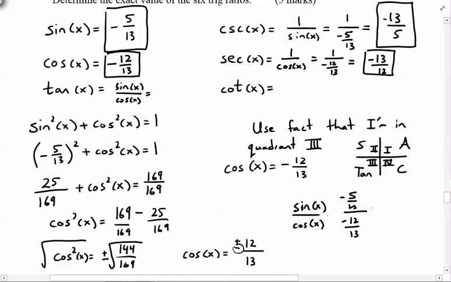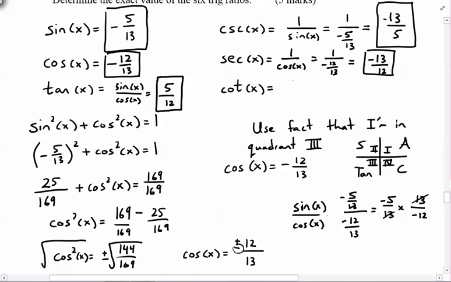So that's the same thing as taking the top fraction and multiplying it by the reciprocal of the bottom fraction. And when I do that, the 13s cancel out, leaving me with negative 5 over negative 12, which is the same thing as positive 5 over positive 12.